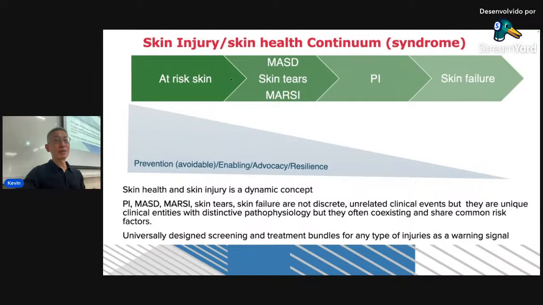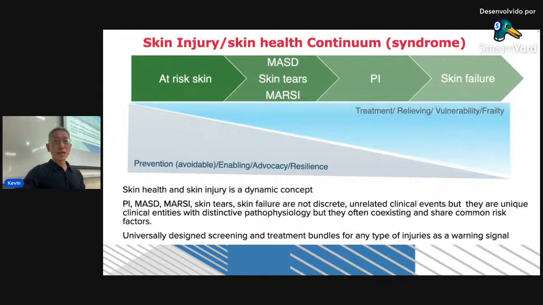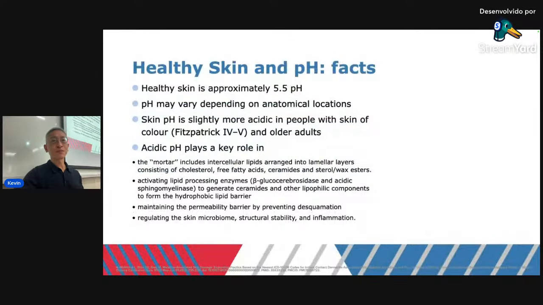We can prevent all the other problems from happening, perhaps. And I think we need some validation to confirm that, of course, in the future. You can see that when things get more involved and you get more advanced types of skin problems or injuries, then more diligent and deliberate treatment protocols may be required to address some of those problems.